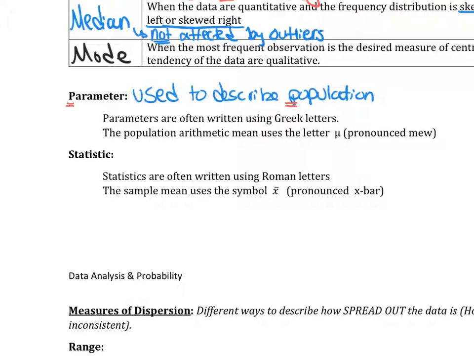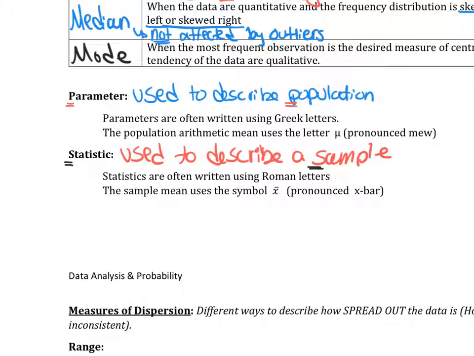Whereas a statistic is used to describe a sample, so S for sample, S for statistic. And statistics are often written using Roman letters, like the x-bar for the sample mean. Okay, so population is a parameter, statistic is a sample.